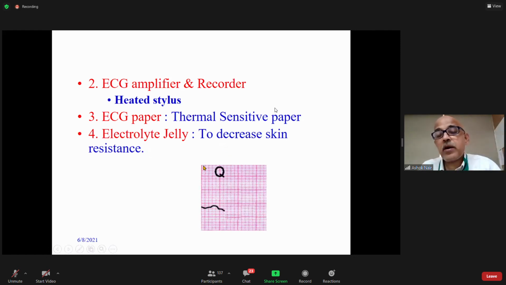So when the paper moves on, the stylus touches the paper and you get a recording. The nib will move up and down depending upon the potential which is recorded. As it moves up and down, the chart paper will have a recording. Then you have something called an electrolyte jelly. This electrolyte jelly is applied before you place the electrode. The function of the jelly is to decrease the skin resistance.